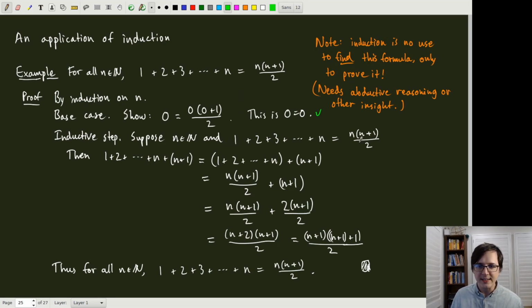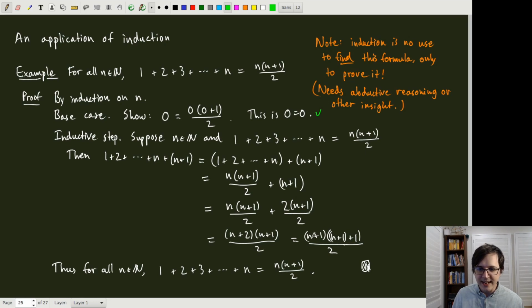So that's our assumption, and now we do this equationally. We start with the left-hand side of the equation we want to show, and reparenthesize it so that we can see the sum of 1 through n in there. We substitute in what we're assuming, do a little algebra to bring it all together, and then commute the top two and parenthesize things even more.